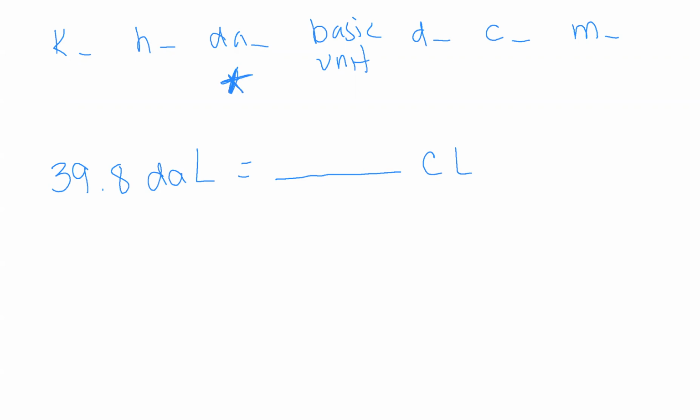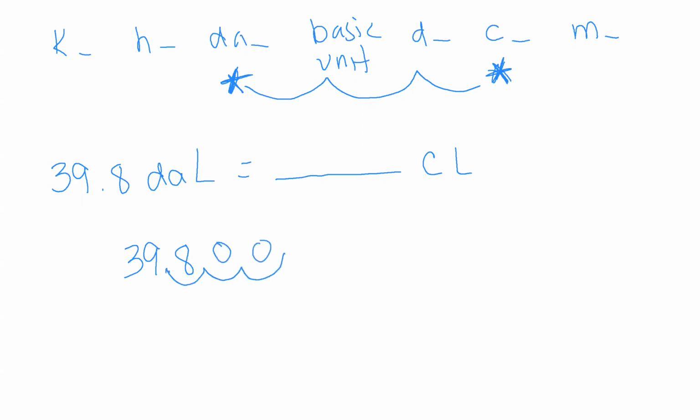To get to centi, all the way over here, I would have to move to the right, and I would be moving 1, 2, 3 places to the right. So I take my original measurement, 39.8. I move my decimal 1, twice, 3 times to the right. Remember, if you go past your number, any decimal moves, you add zeros. So 39.8 decaliters is equal to 39,800 centiliters.